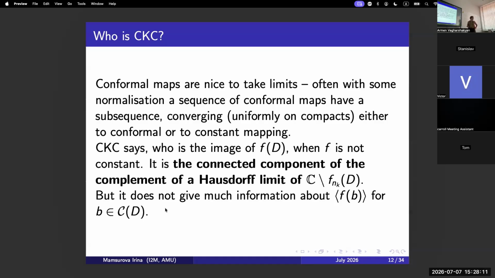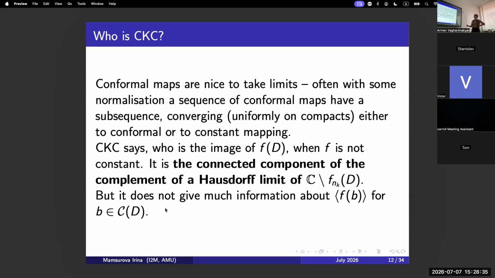The problem is that it gives some information about the image of space before the factorization, before we shrank what wasn't in our domain, but it doesn't give a lot of information about the image of the domain we shrank.